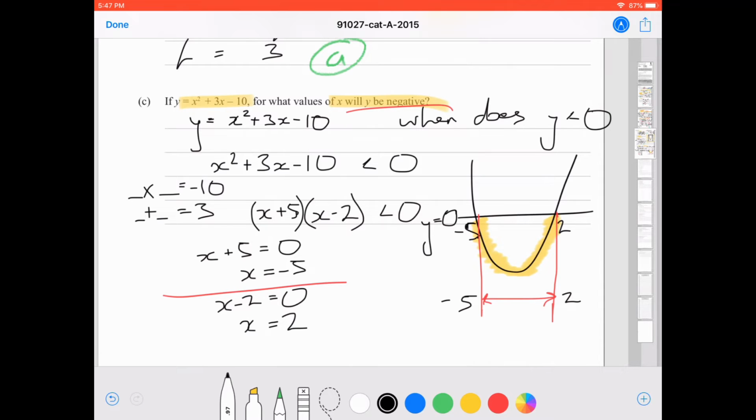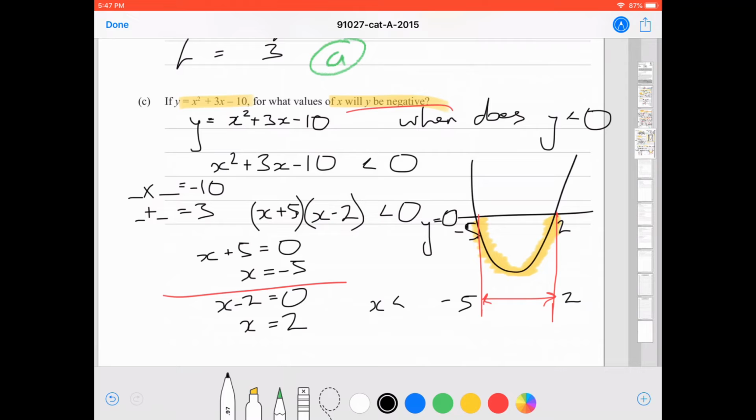We could list them out, right? Negative 4, negative 3, negative 2, 1. Sorry, 0 and 1. And did I say negative 1? I'm not sure. Anyway, that wouldn't be feasible if we were working with a massive range of values. And so what we say here is x doesn't equal negative 2 or negative 5.